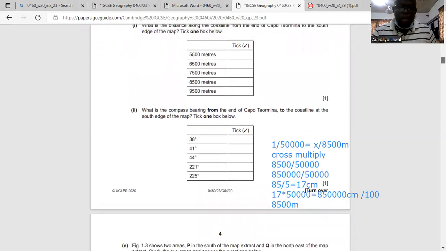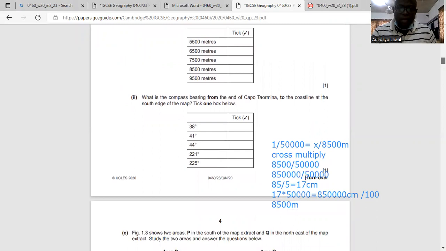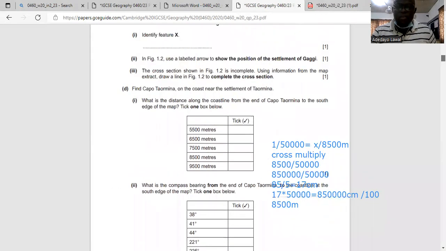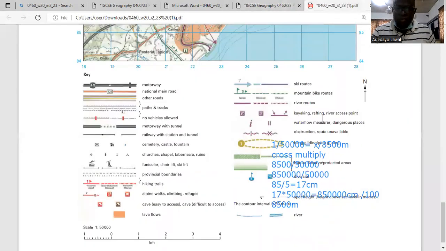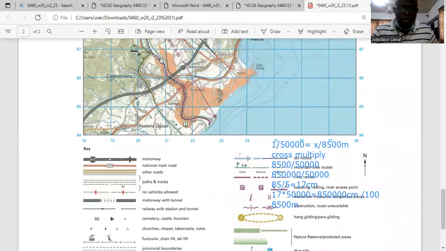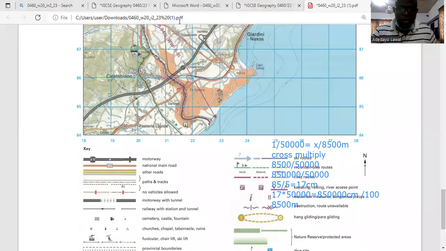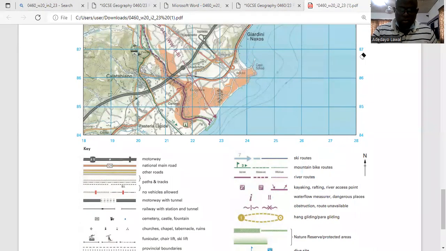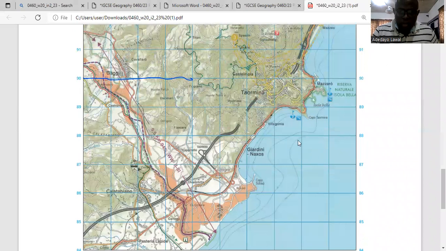What is the compass bearing from the end of Cow Terminal to the coastline at the southern edge? So this should be straightforward, I believe. Let me clean this so that it's not confusing somebody. Now, this is Cow Terminal to the southern edge.